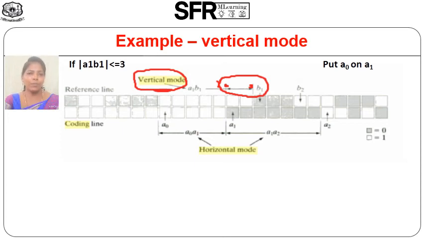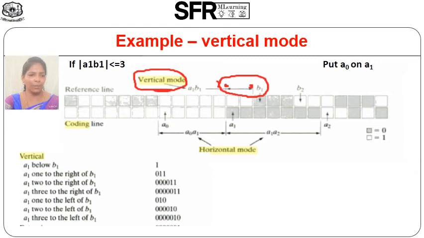For encoding purposes we have a table below. If A1 is directly below B1, we consider the code word 1. If A1 is to the right side of B1, we have three choices: whether A1 is 1, 2 or 3 positions to the right of B1.